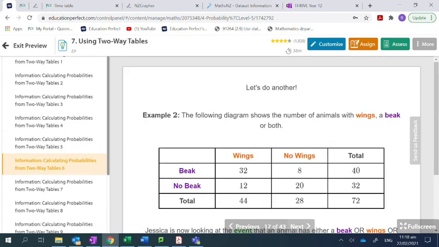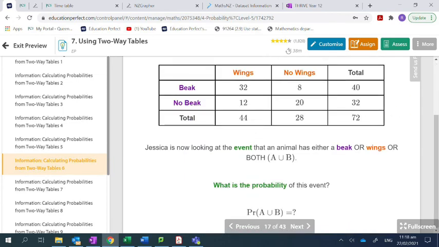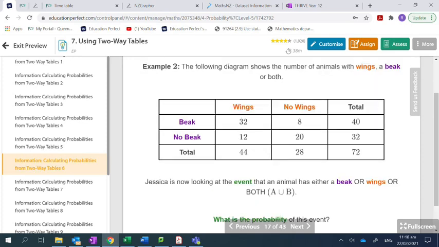Here we go. The following diagram shows the animals with wings, a beak, or both. Jessica is now looking for an event that has either a beak or wings or both. So a beak or wings is a success. Just think about the cells and put the numbers in.